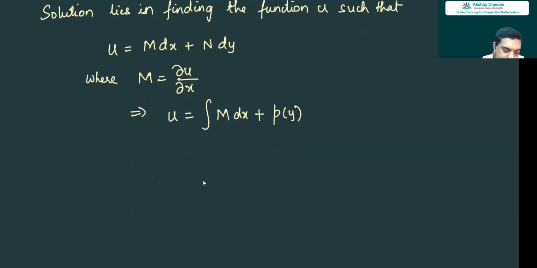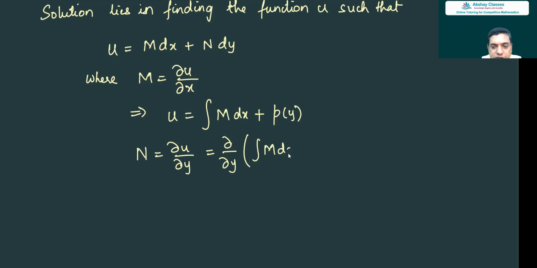Now, how do you find this p? Now, n is equal to dou u by dou y, so differentiate this with respect to y, and from this find p.